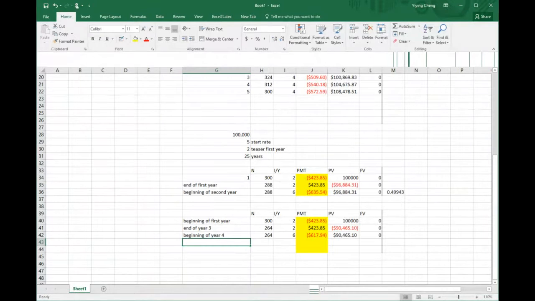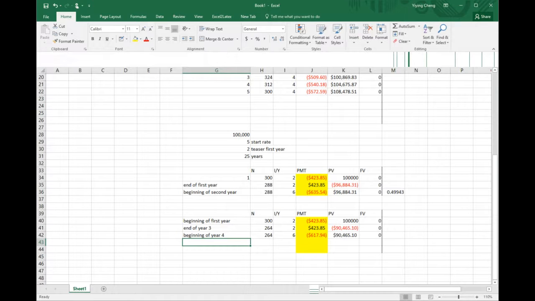Now, the initial rate, the teaser rate in the first year, is 2%. So we put that in with the outstanding balance of 100,000. Future value, fully amortized, equal to 0 at the end of 25 years. We're going to have the payment for the first year, 423.85.